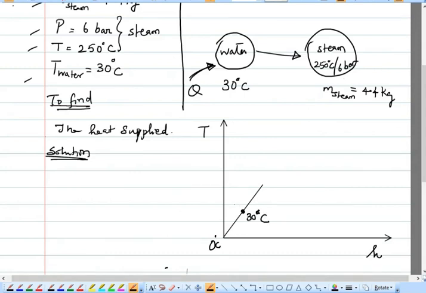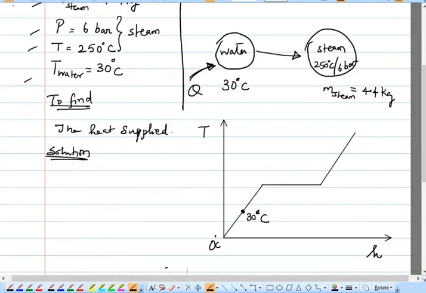So this is your starting point. From 30 degrees Celsius till the saturation point or boiling point, I will be heating the water. Then after that, what happens? Liquid will be converted into vapor. Then it will go to the superheating area, superheating region.